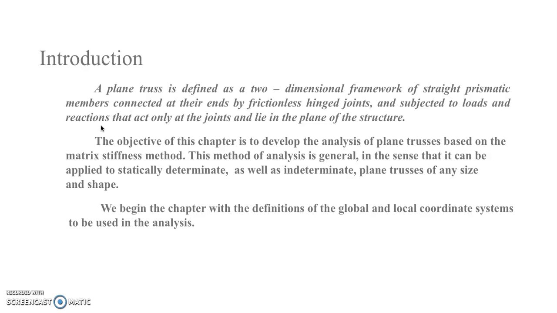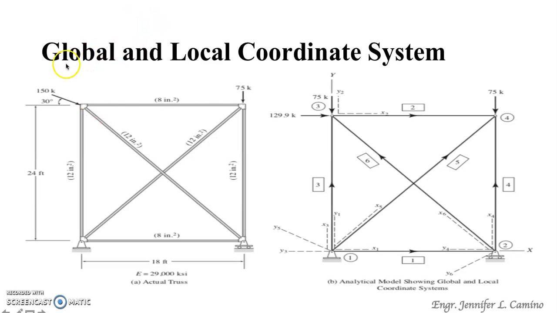So as mentioned, we are going to begin the chapter with the definitions of the global and local coordinate system to be used in the analysis. So what's the difference between global and local coordinate system? Of course, in our previous learnings, in our lower years, we were introduced to one coordinate system, which is the rectangular coordinate system or the Cartesian coordinate system.